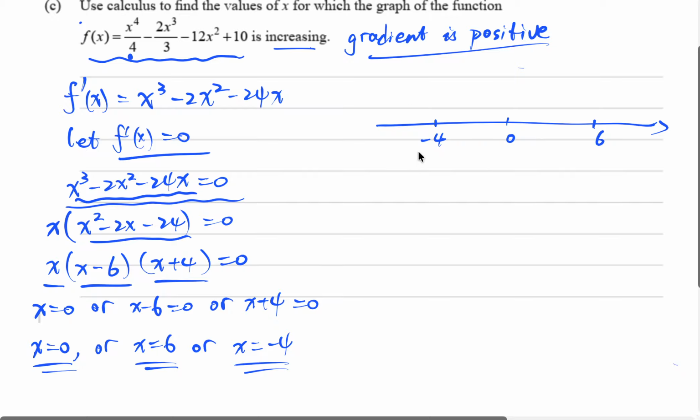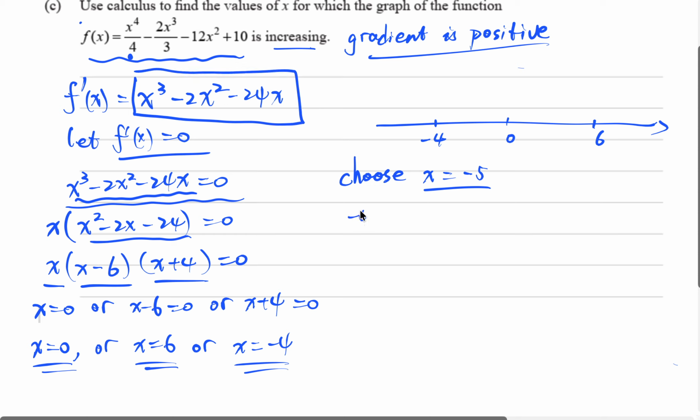So I choose some points close to these three turning points, which means I choose an x value like negative 5. It's on the left side of negative 4, a bit smaller than negative 4. When I put this number back into the gradient function, it gives me negative 5 cubed minus 2 times negative 5 squared minus 24 times negative 5.